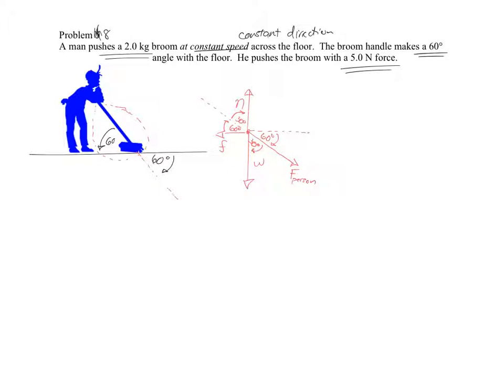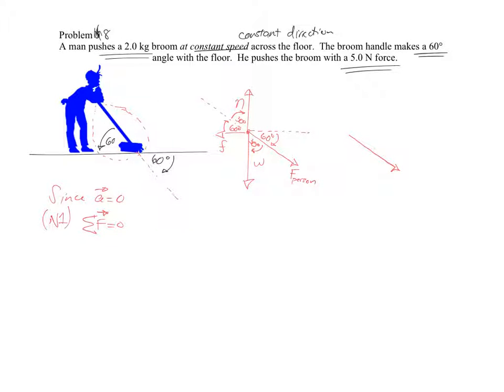Now, I'm going to assume, since constant velocity, that acceleration is 0. That means the forces all must add to 0 as vectors, right? This is essentially just n1 right here. All right? And now if I do the vector sum diagram, I have the applied force.